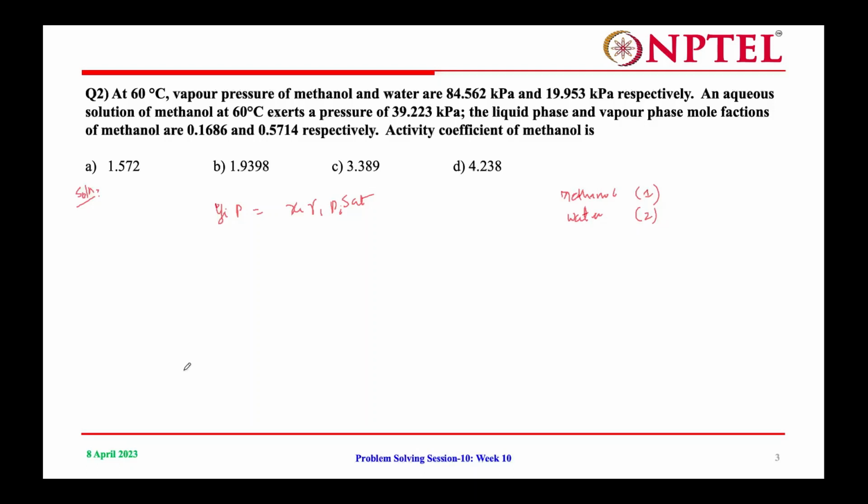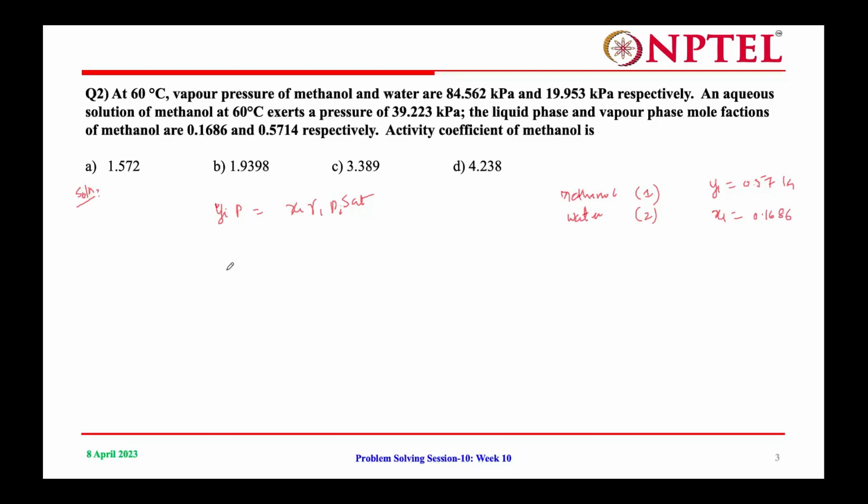Okay. So here y1 equals 0.5714 and x1 equals 0.1686, right?